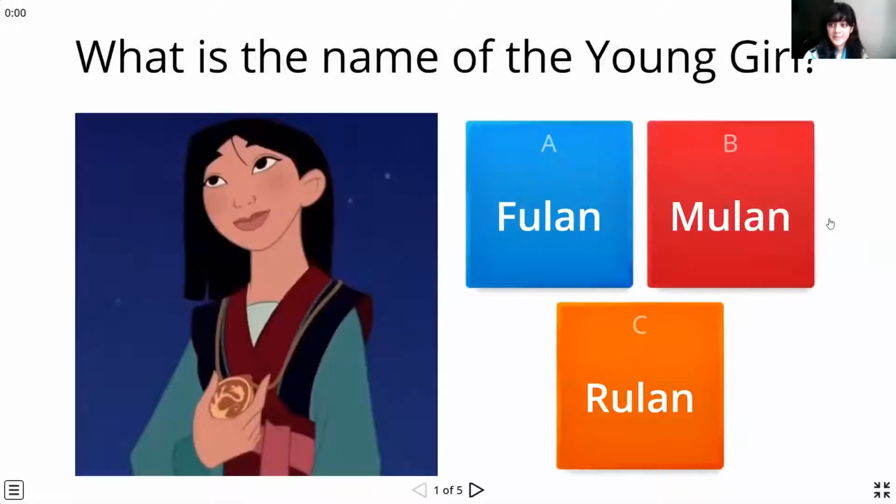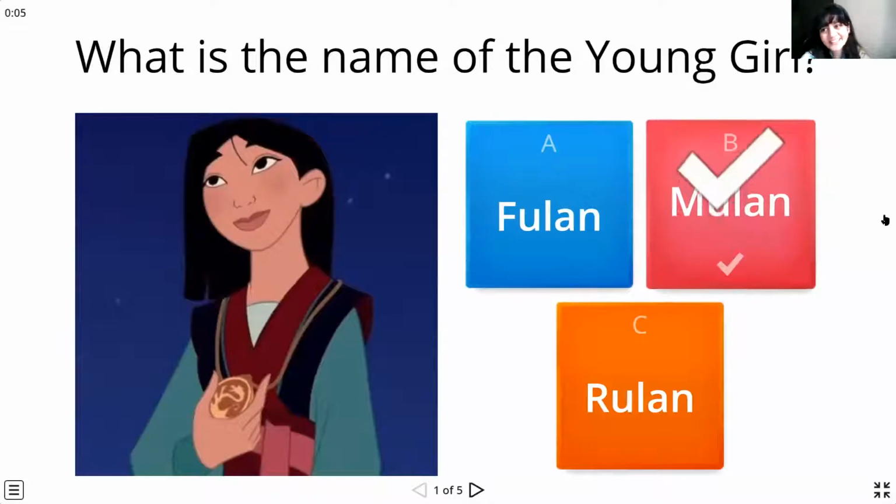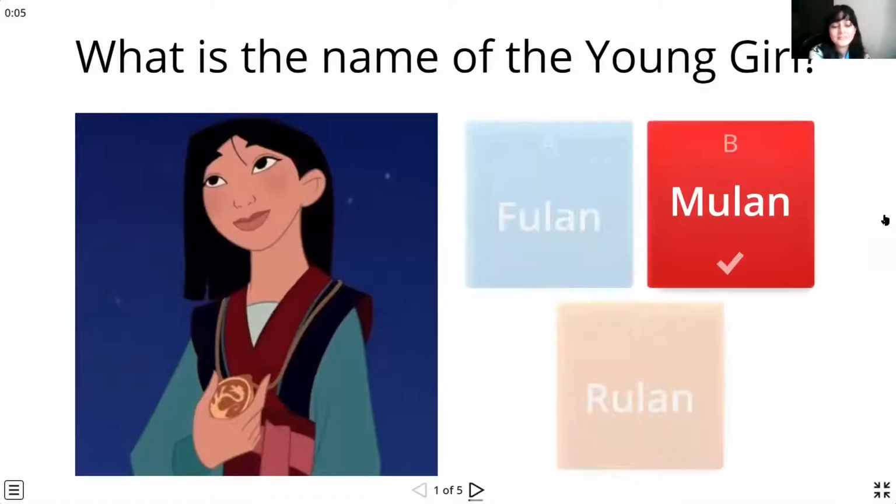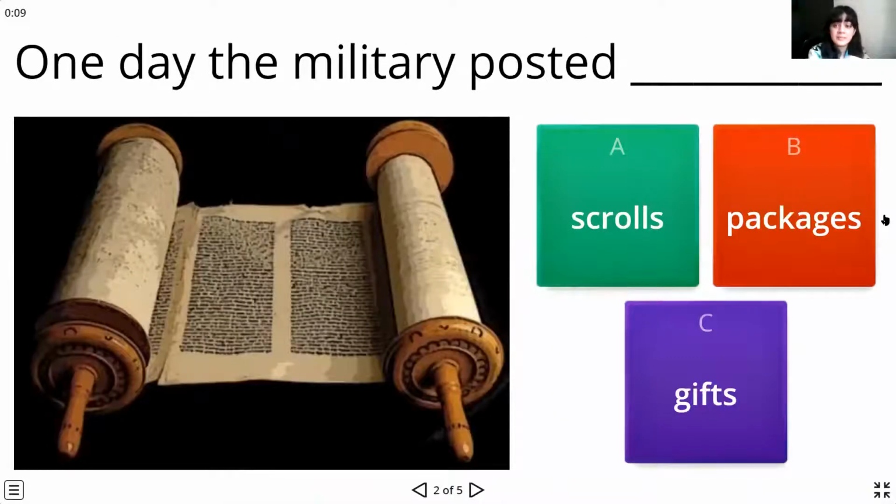So, what is the name of the young girl in the story? Is it Fulan, is it Mulan, or is it Rulan? The correct answer has to be Mulan, correct? Very good. One day, the military posted dash: scrolls, packages, or gifts.